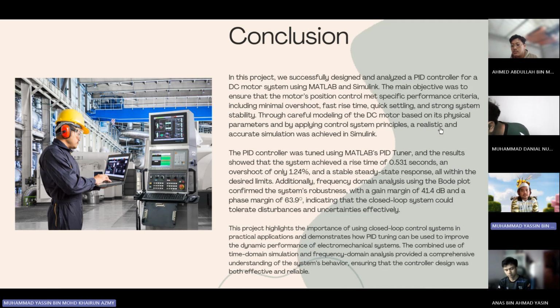Through careful modeling of the DC motor based on its physical parameters, and by applying control system principles, a realistic and accurate simulation was achieved in Simulink. The PID controller was tuned using MATLAB PID tune, and the results show that the system achieved a rise time of 0.531 seconds and overshoot of only 1.24% and a stable steady state response, all within the desired limits.